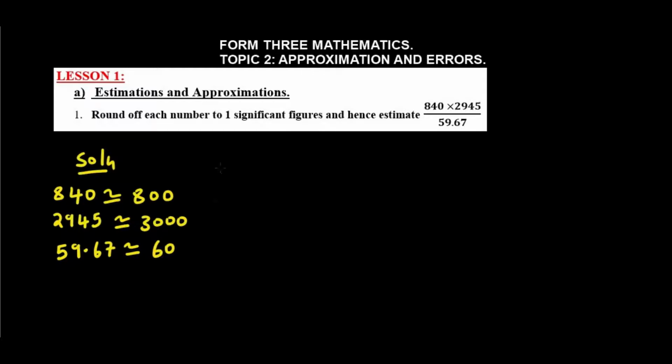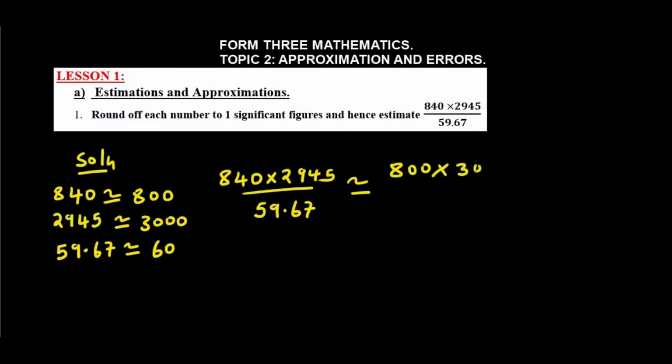So next we will have 840 times 2945 all over 59.67 approximated as, now in place of 840 we have 800 times, in place of 2945 we will have 3000, all over, in place of 59.67 we will have 60.